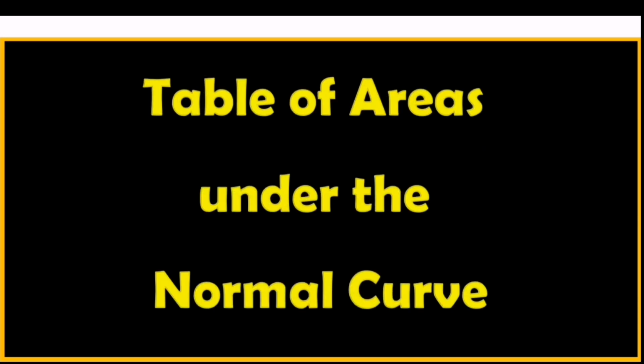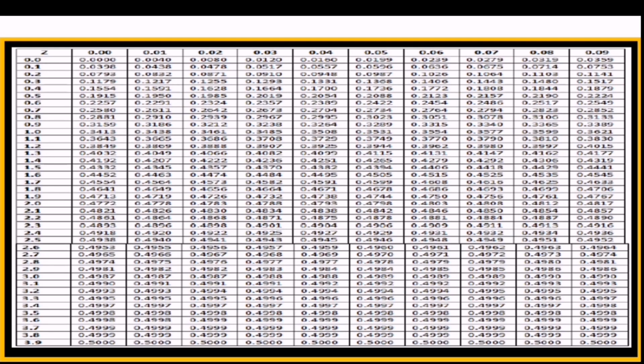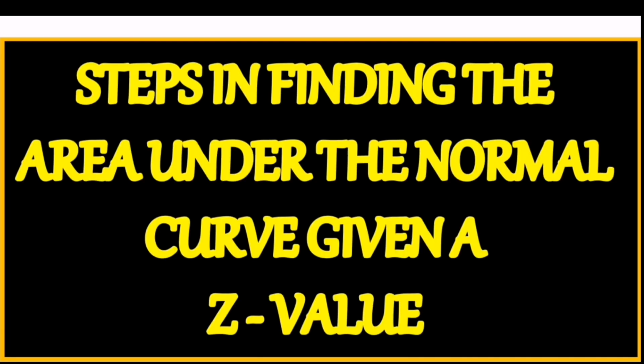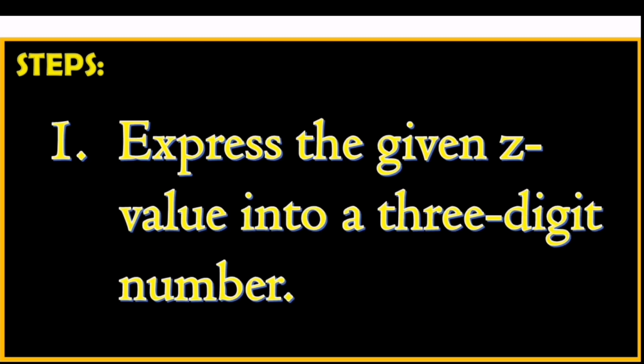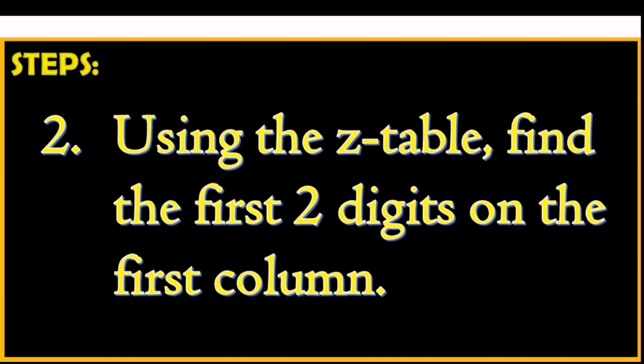Here is the table of areas under the normal curve. Steps in finding the area under the normal curve given a z-value. Step 1. Express the given z-value into a 3-digit number. Step 2. Using the z-table, find the first 2 digits on the first column.